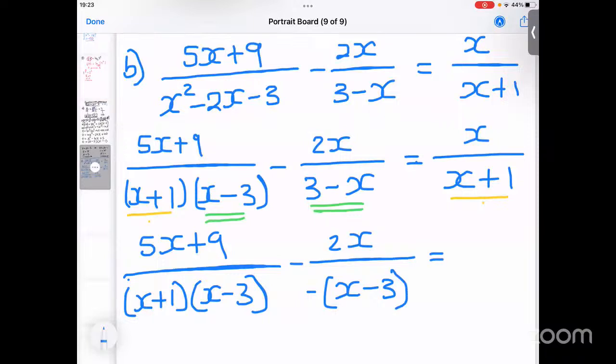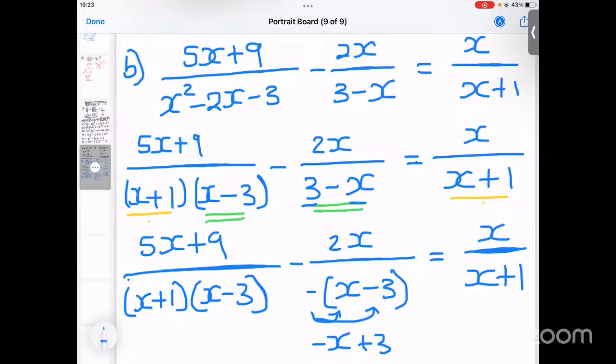And this is equals to x over x plus 1. So it's like we wanted to make it the same as this one, because we know that when you say this times that, it gives you negative x. When you say that times that, it gives you positive 3, which is that one, positive 3 minus x. It's only that it's swapped, but in terms of the signs, they're the same. That's how you manipulate it, honorable members.